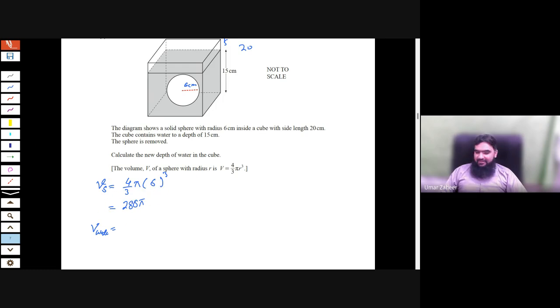288 pi. Right now we have to find the volume of the water inside it. So first of all, we have to find this length. Look here, each length is 20, it is a cube, so it is 20, 20, 20. How can we find the volume? Length multiplied by width multiplied by height.